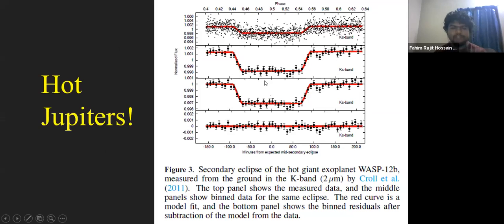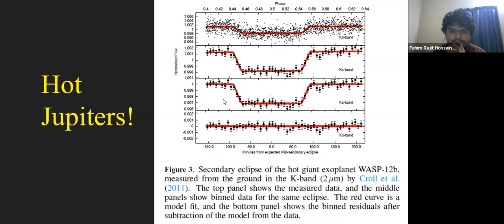As you can see, this is a graph from the paper. The first diagram just shows us the transit of a hot Jupiter, maybe from WASP-12b or something like that, and they are looking into the infrared and optical regions of the sky.